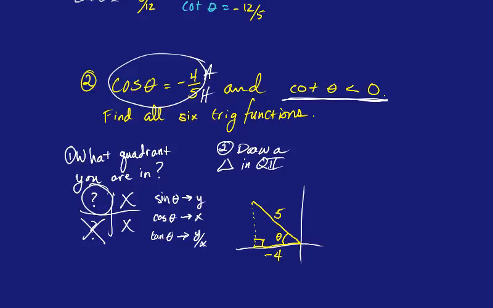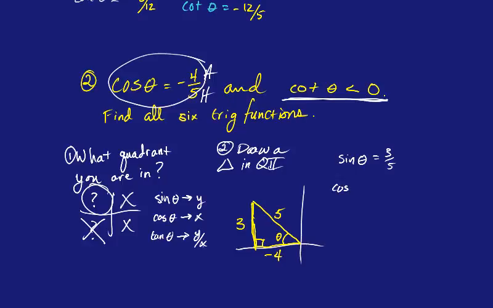Hopefully you see that that's a 3, 4, 5 triangle, but make sure that your other missing value is positive or negative based off the quadrant. In quadrant 2, the y values are positive, so the vertical height of this triangle will also be positive 3. Now I can finish the problem. The sine of theta is 3/5.